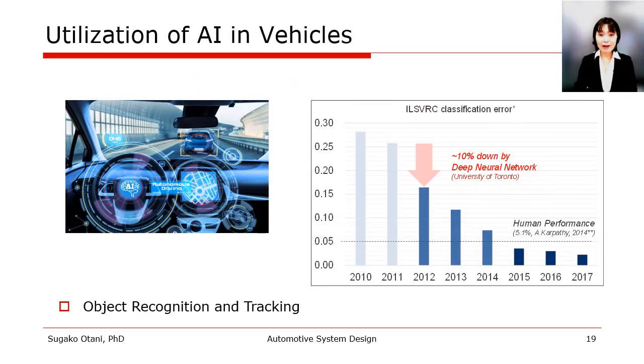The use of AI is being promoted to resolve the feature differences from ADAS to AD. Since 2012, DNNs have become popular as an approach to visual perception. AI in vehicles is viewed as machine perception for object recognition and tracking.